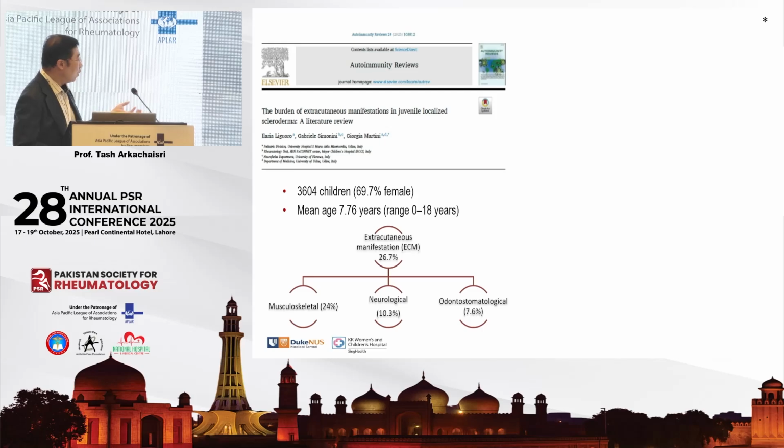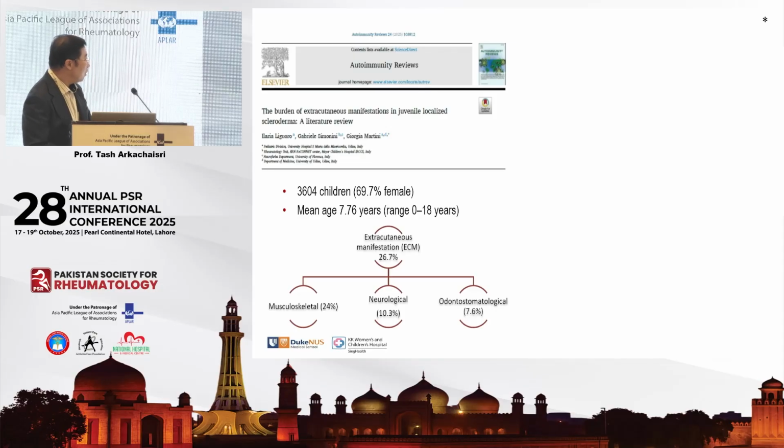Neuro usually includes the Sabre or the Parry-Romberg, the one that goes above the neck, usually have neuro involvement, up to 40% actually. So if you lump it together, it's about 10%. And then odontostomatological, meaning your mouth opening, your facial bone below here, get involvement is about 8%, less than 10%.